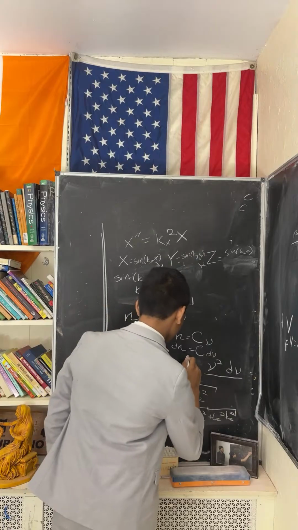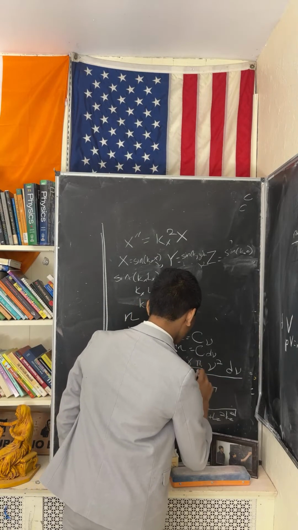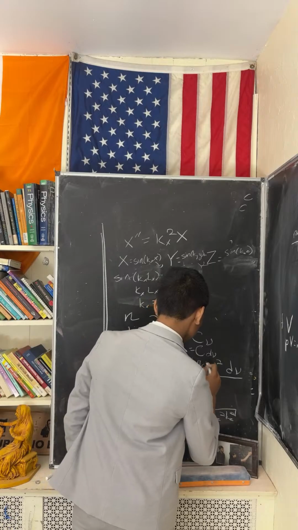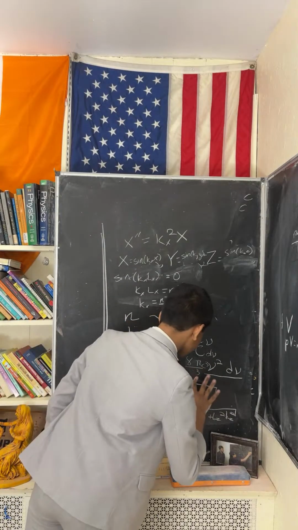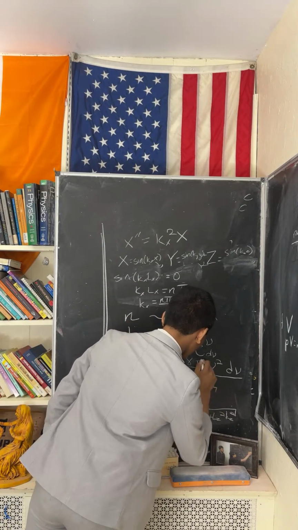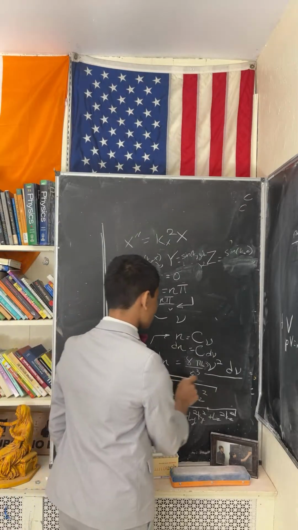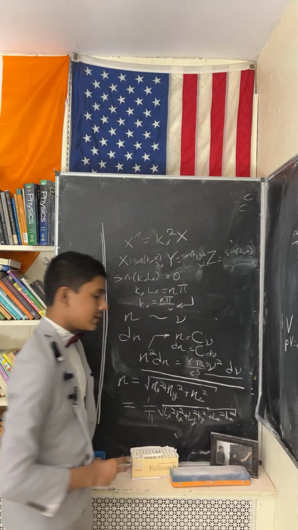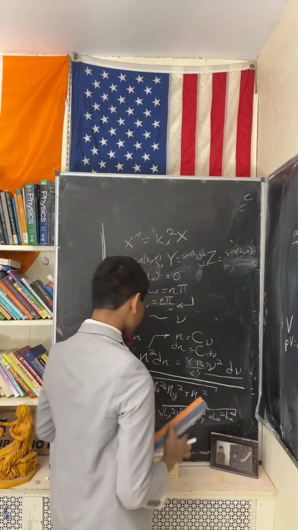Well, we're going to find 8, 2 cubed, pi over L cubed, C cubed. That right there is the number of radiant modes. Well, it's an approximation.